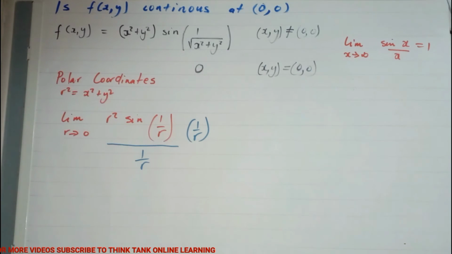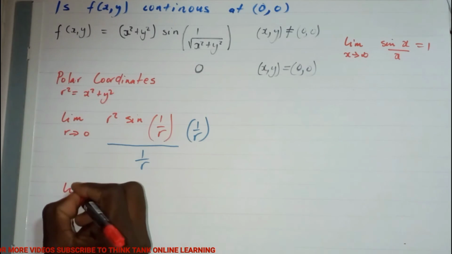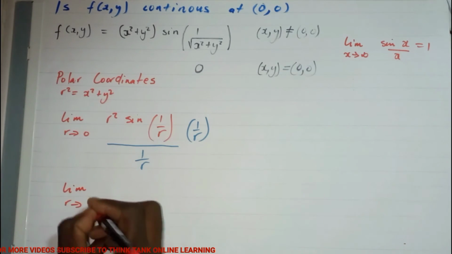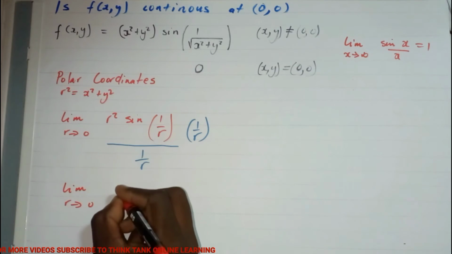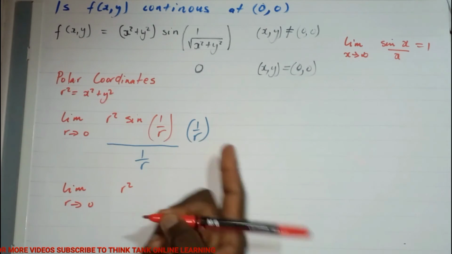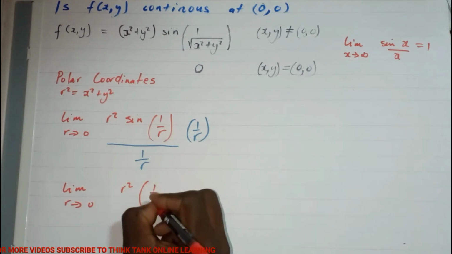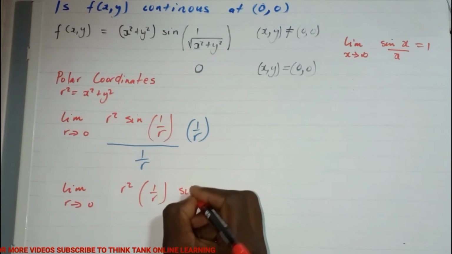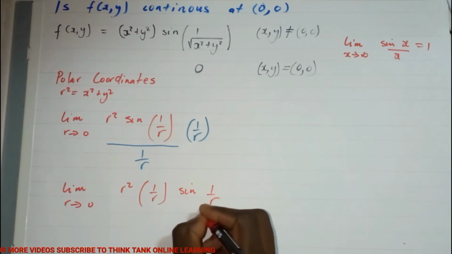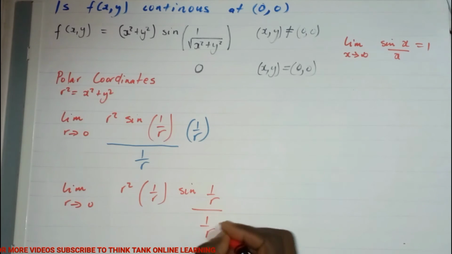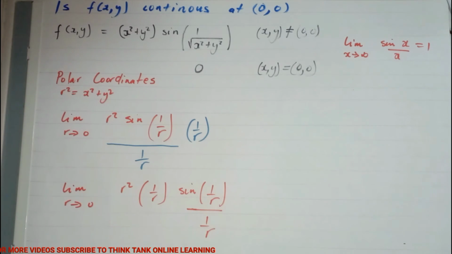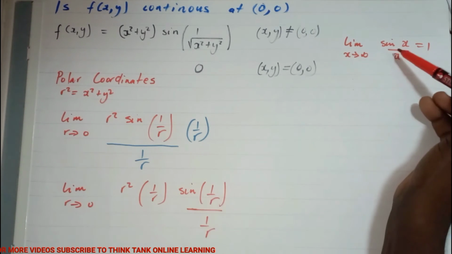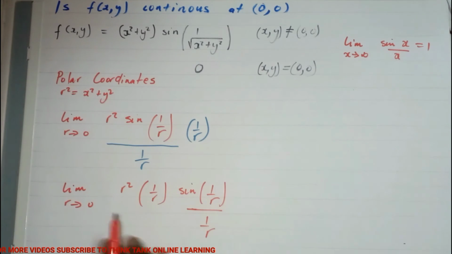So if we say limit, let me write in red, the limit as r approaches 0 of r squared times 1 over r, sine 1 over r divided by 1 over r. Yes, like this. And look, this is same as this, so of course I'm going to take the product of the limits.